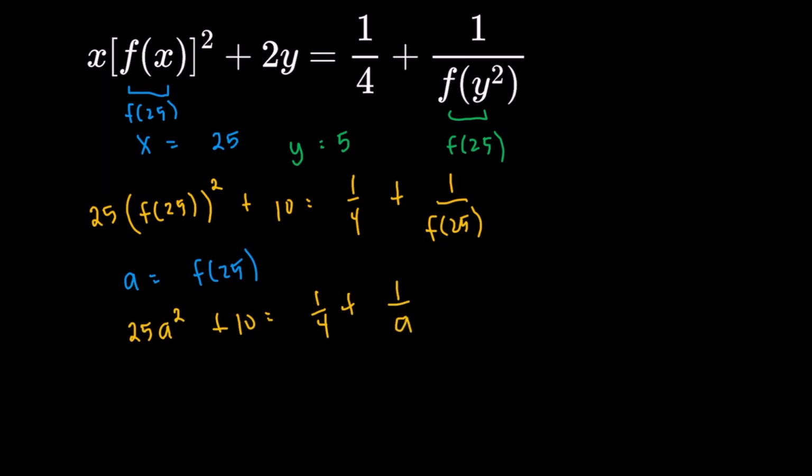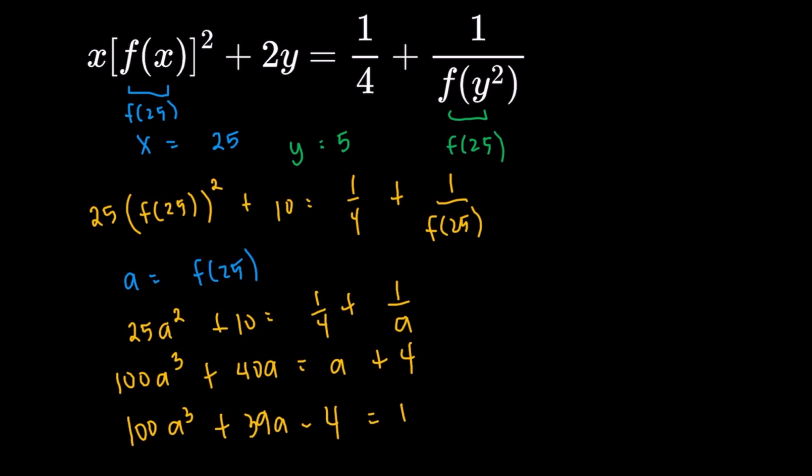Clearing the denominators by multiplying both sides by 4a, I'll have 100a cubed plus 40a equal to a plus 4. Then let's put everything to one side: 100a cubed plus 39a minus 4 equal to 0.